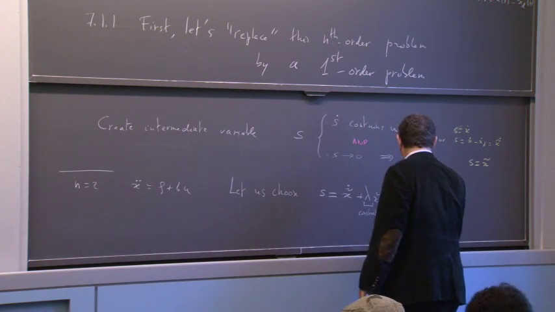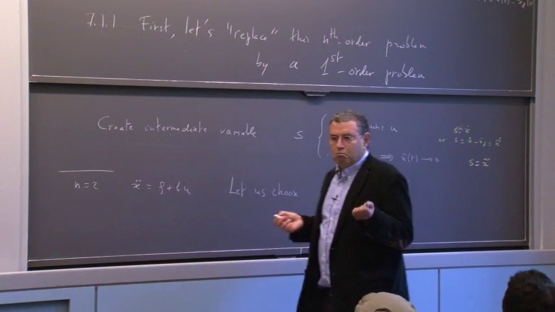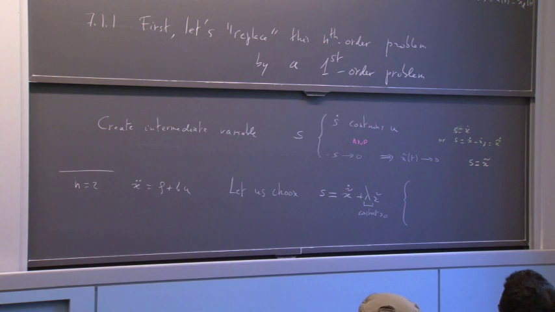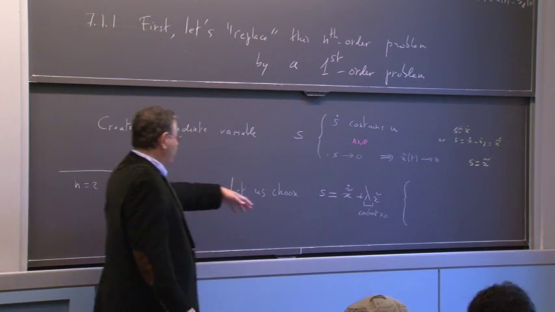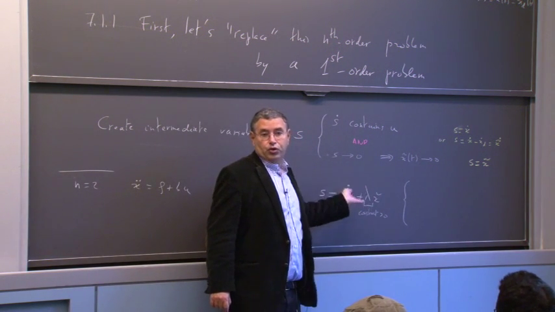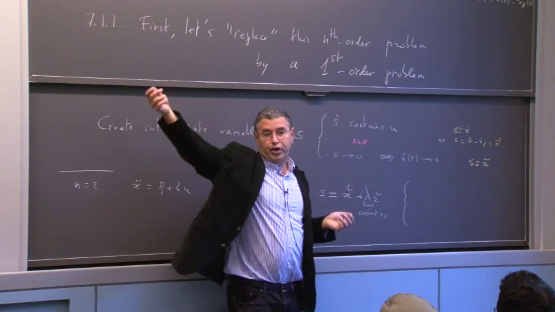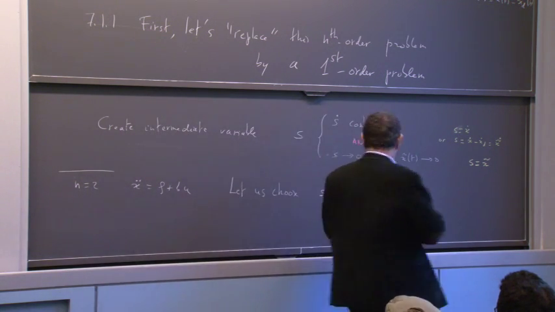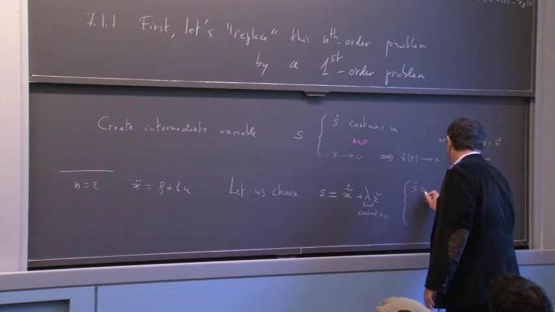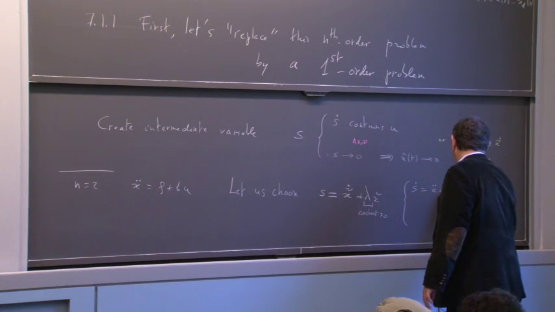What about the first condition? Well, the first condition is obviously verified, because we have x tilde dot plus something, and x tilde dot contains x dot. Therefore if we differentiate it once, s dot is equal to x double dot plus a bunch of things.